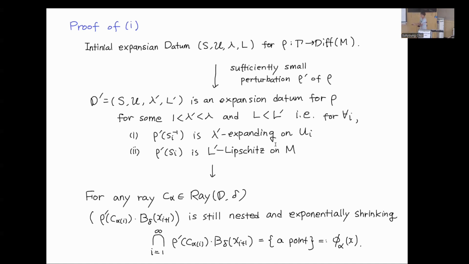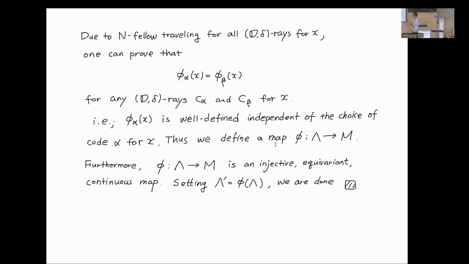That gives some point by using their intersection. But here the problem is this point may depend on the choice of the ray for X. But the Morse-Ferro traveling property gives the well-definedness, the independence of the choice of the ray.